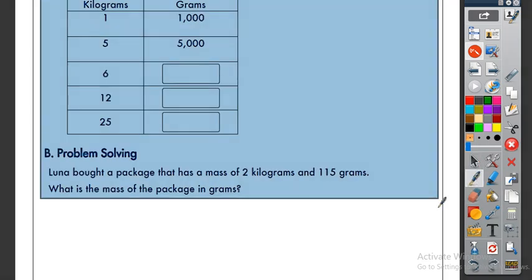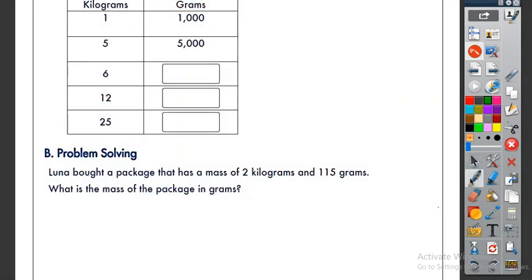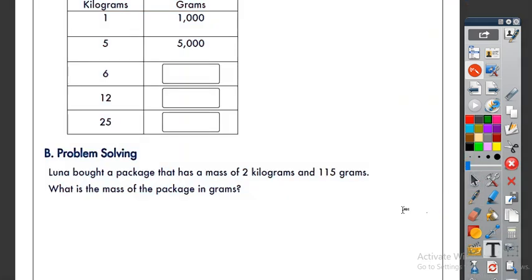Well, you will say, well, 2 kilograms equals, yes, 2,000 grams, because you're going to multiply 2 by 1000, which equals 2000 grams.